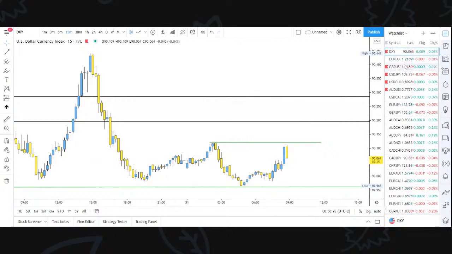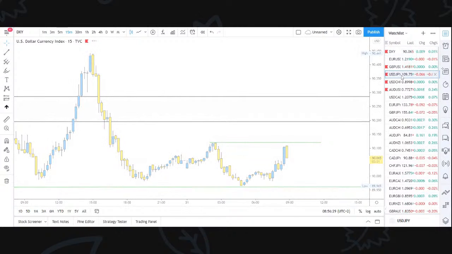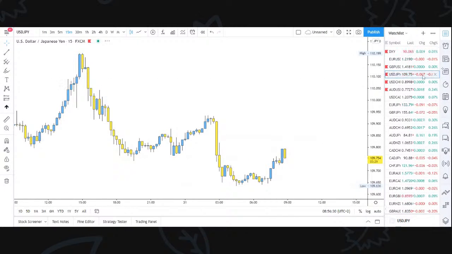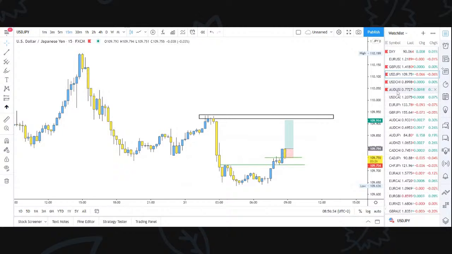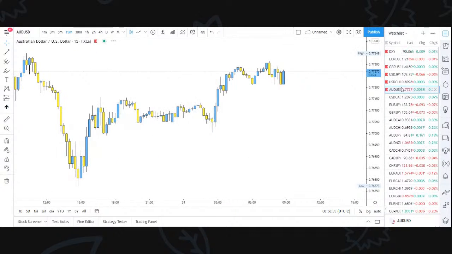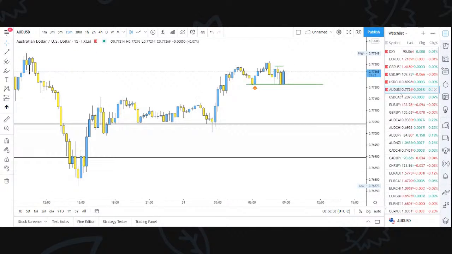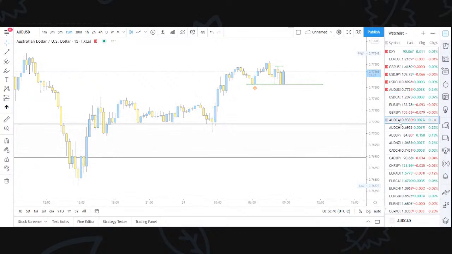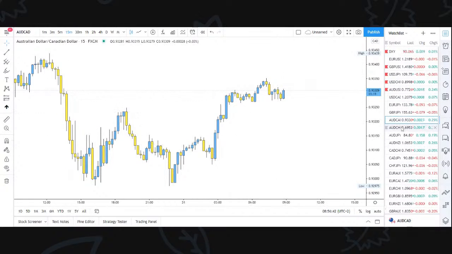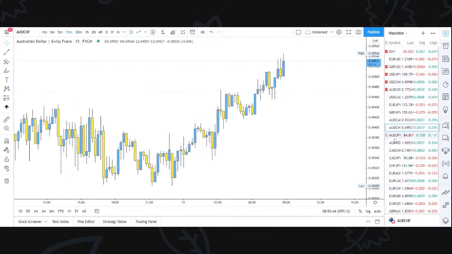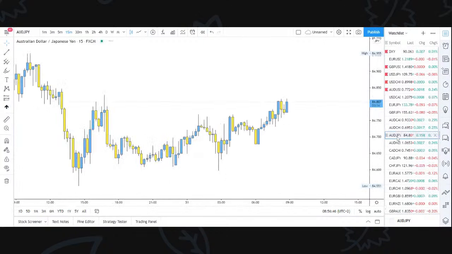So Dixie down, so USD down, and USD down, AUD. What did I say AUD was? Let's look at this. It does seem like AUD is starting to gain a bit of strength intraday wise.